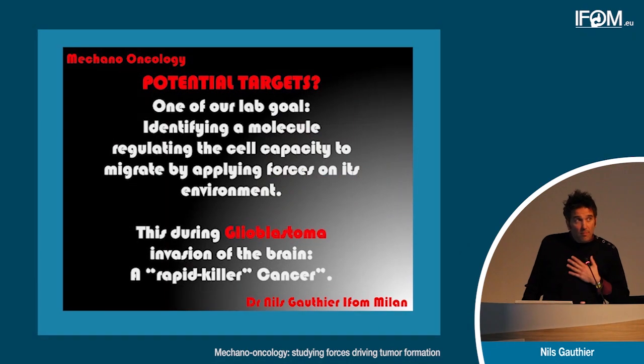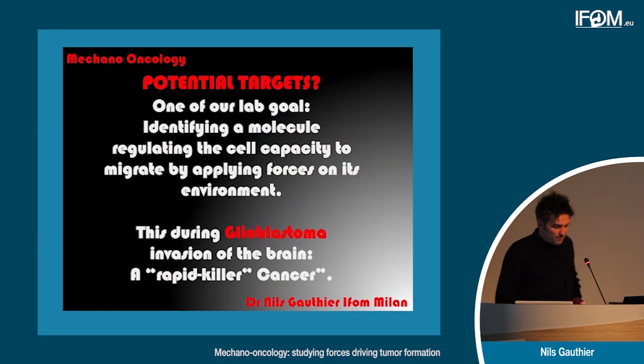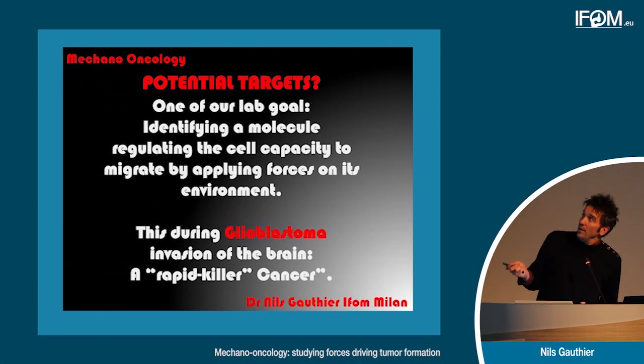Now I will describe the strategy that we are trying to apply to one very nasty cancer in order to get the cues, the molecules that are responsible for the metastatic behavior. The cancer that I'm talking about is the glioblastoma.